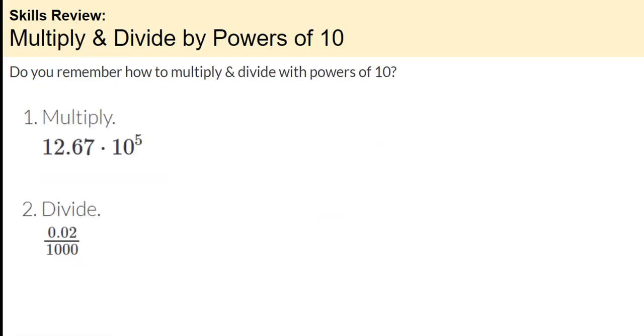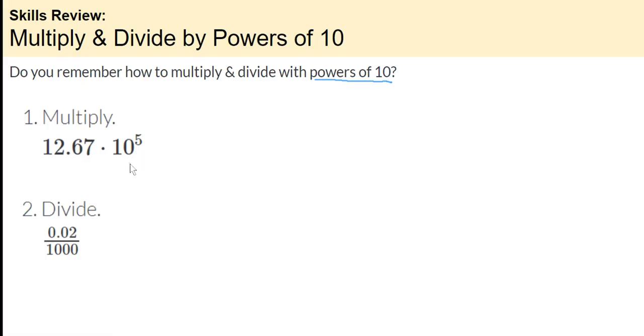All right. Do you remember how to multiply and divide with powers of 10? Great trick to help you here. Pause the video, see if you can solve these, then we'll review. All right. How did you do? So what would you do to solve this first one, multiplying by 10 to the 5th power?